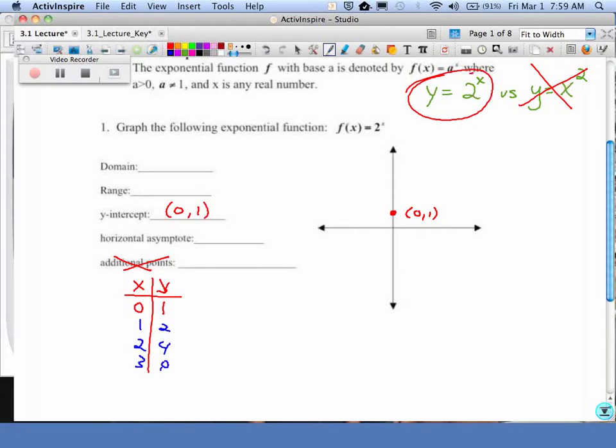So as you move out to the right, at 1, I'd be up at 2. When I go out to 2, I'm up at 4. When x is 3, we're at 8. We're up there. So on this side, that's where you see that exponential growth.